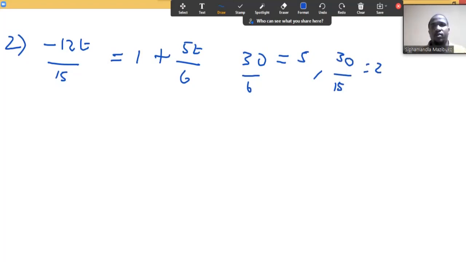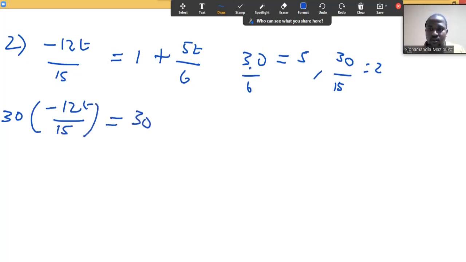So our LCD would be 30. Let's multiply by our LCD. We're multiplying 30 by minus 12t all over 15, which is equal to 30 into 1 plus 5t over 6.